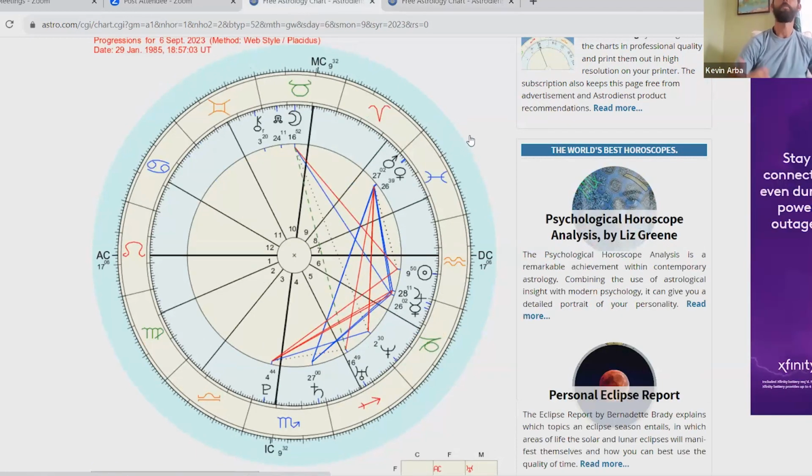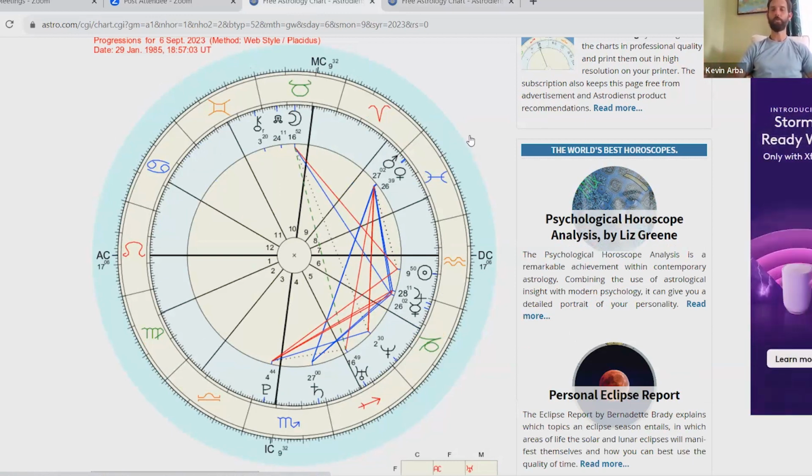In doing predictive work, the more information, the more complexity that you're able to consider, the more likely that your interpretation or your predictions will be accurate. I believe so much of this garbage astrology that is so easy to find on social media is garbage because these astrologers just aren't considering enough information.